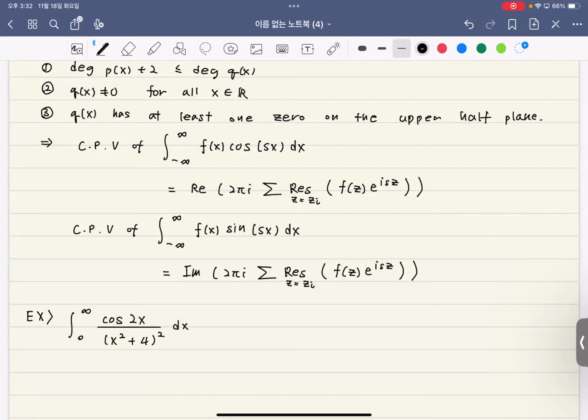I want you to notice that this integrand function is an even function, right? So if you integrate this guy from minus infinity to plus infinity, then the Cauchy's principal value of this number will be the same as the regular improper integral. So what we're going to do is find the Cauchy's principal value of this guy from minus infinity to positive infinity, and divide it by 2.